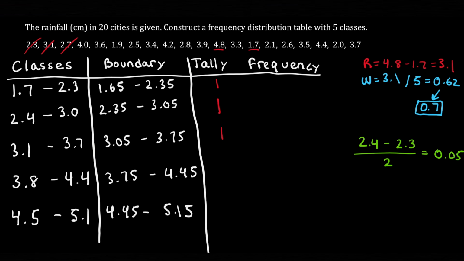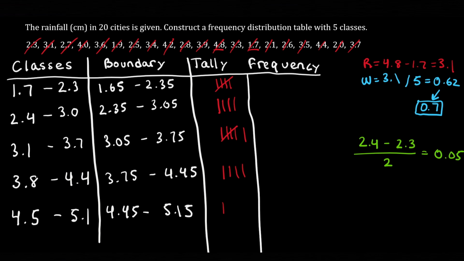Let's do this for the rest of the data set. This is a tally of our data set, and we can use this to find the frequency of each class.